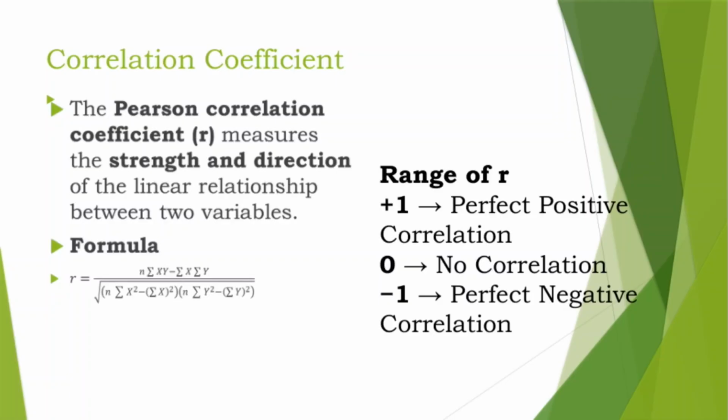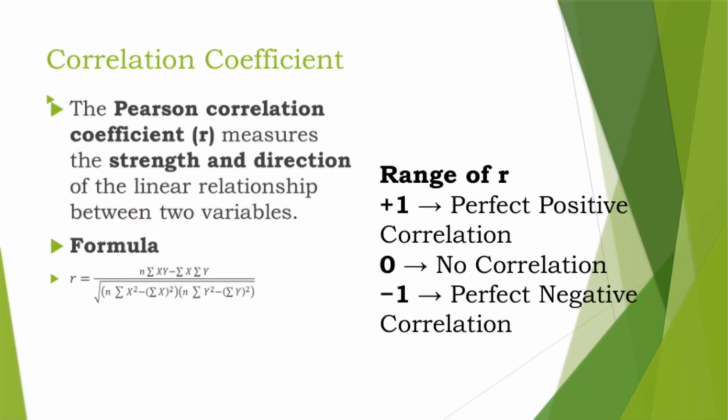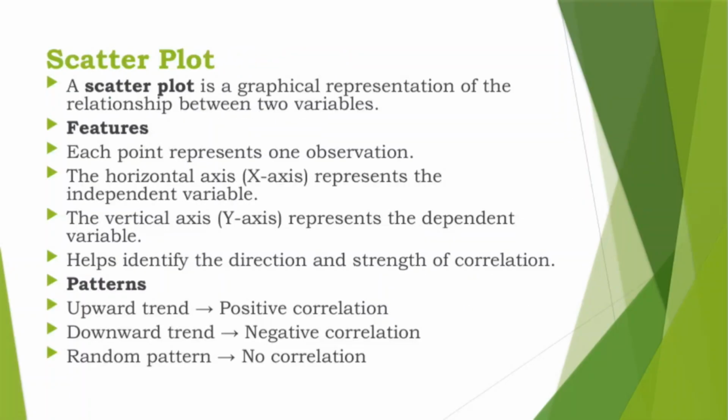Values between 0.40 and 0.69 or -0.40 and -0.69 indicate moderate correlation, and values below 0.40 represent weak correlation. The sign of the coefficient indicates the direction of the relationship, whereas the magnitude indicates its strength.